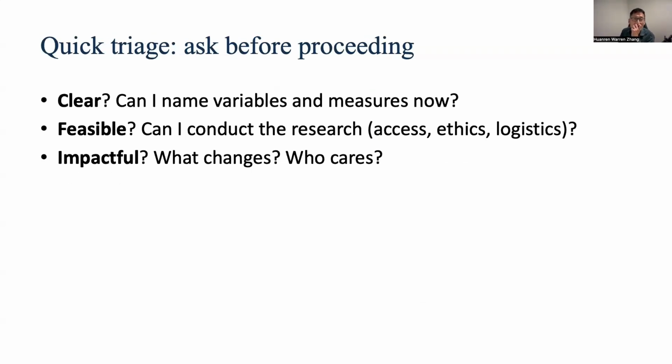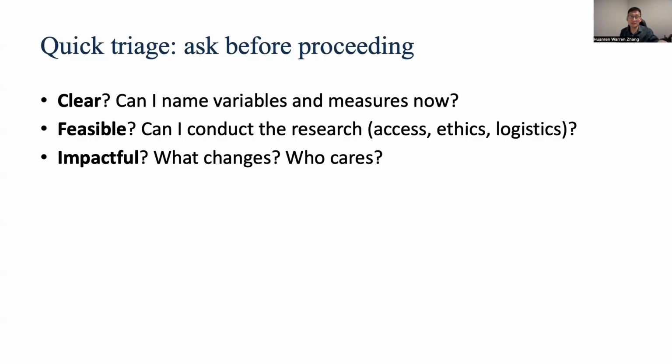So here is a trick triad, some questions you can ask before proceeding to conducting your research. First, clear: can I name variables and measures now? After you propose your research question, other people reading it should be able to know what you plan to measure.